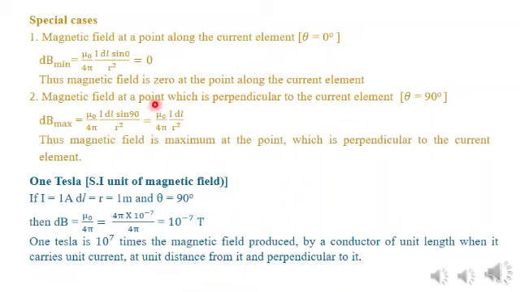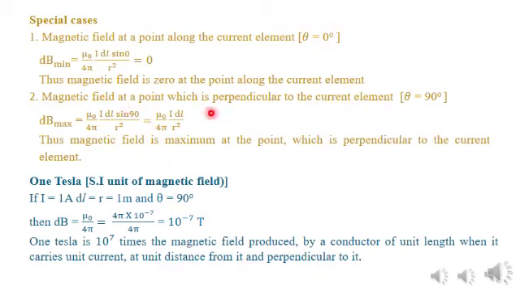When we are calculating the magnetic field at a point which is perpendicular to the current element, then the angle between dl and r is 90 degree. Then dB equals mu0 by 4 pi I dl sine 90 divided by r square. Since sine 90 equals 1, dB equals mu0 by 4 pi I dl by r square.